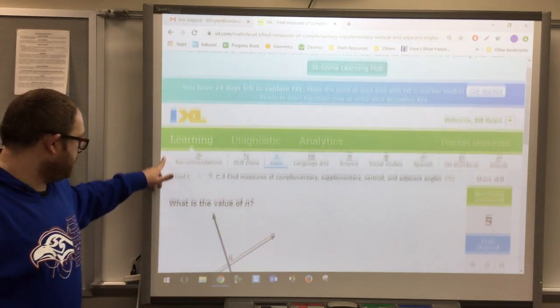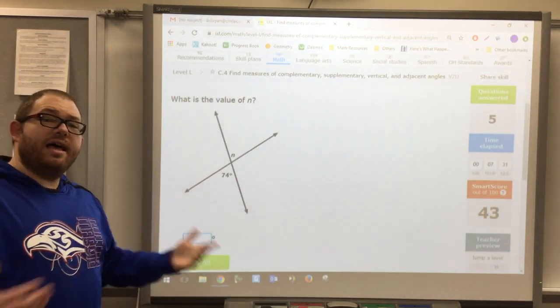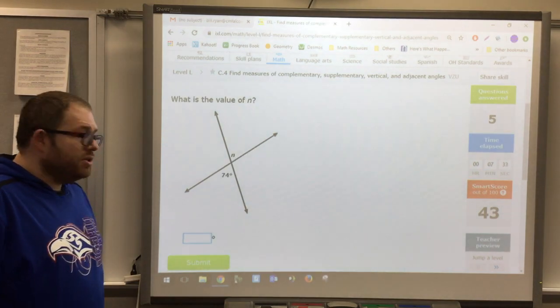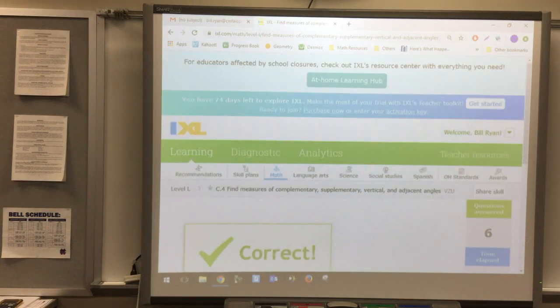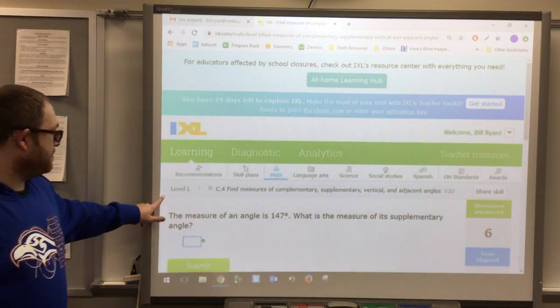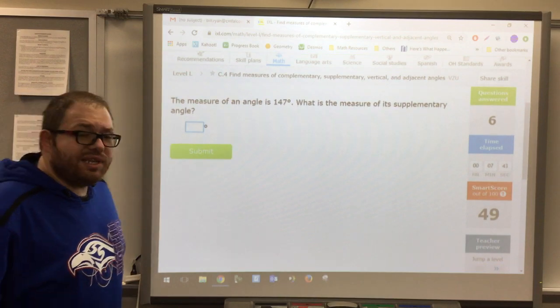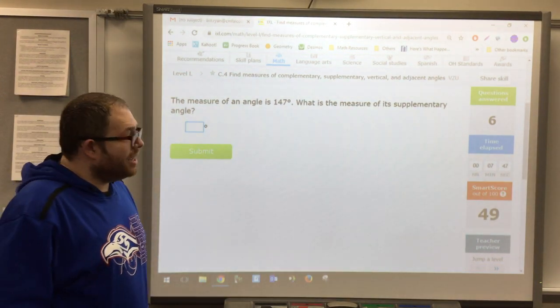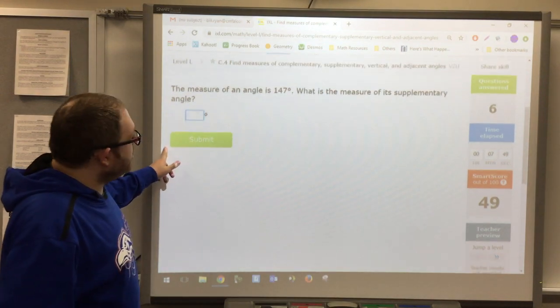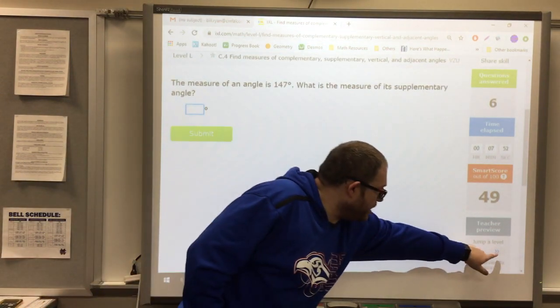There's another vertical angles question, so I know that those two are equal. So you can see that it doesn't take long to get that SMART score up pretty high. Let's see what they do to give us questions that are a little bit more challenging.